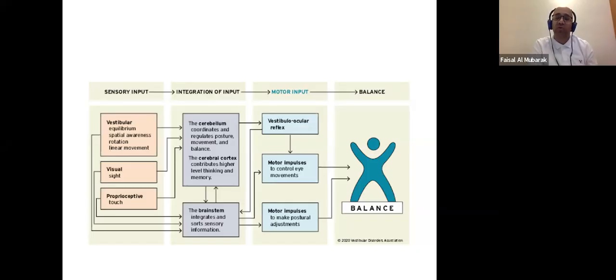So let me give this example. Now, if I look straight, if I'm looking straight now, neutral position, and I turn 45 degrees, or I was asked to move my neck 45 degrees to the right.